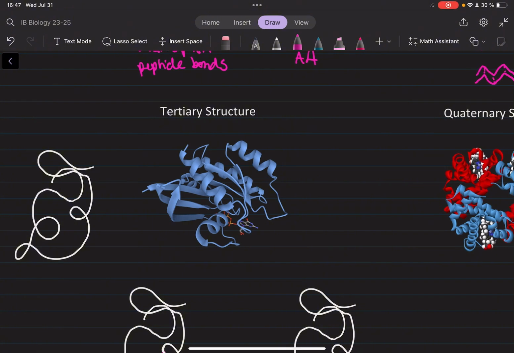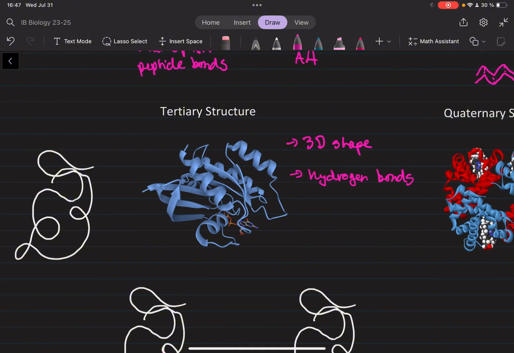Then we have a tertiary structure. The tertiary structure is what gives a protein its 3D shape. To get the shape, you do have some hydrogen bonding, as well as other bonds, but the difference between the hydrogen bonding in the secondary versus the tertiary structure is that in the secondary one, it's between the oxygen of the carboxyl group and the hydrogen of a different amine group.